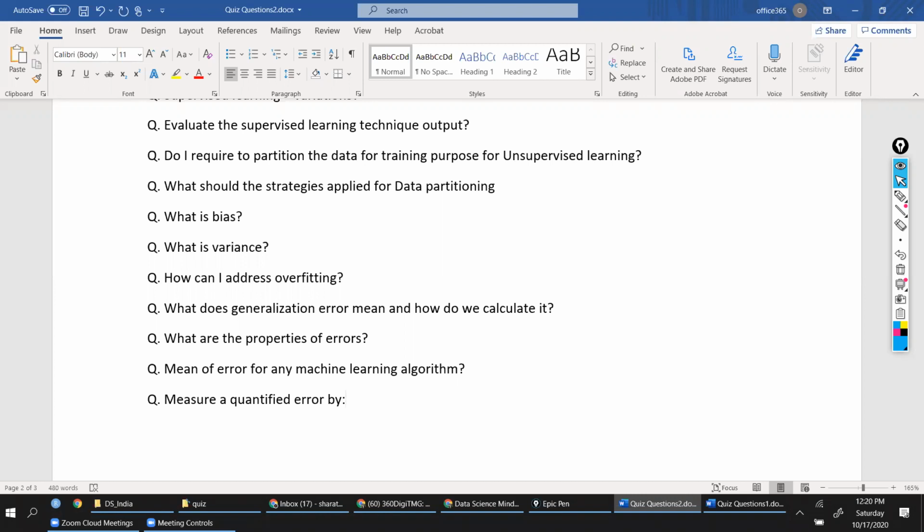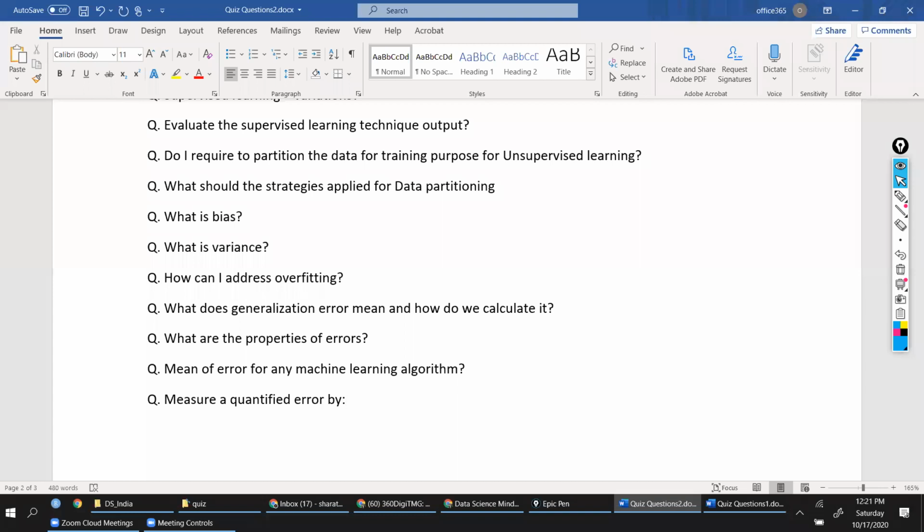We have MAD, mean absolute deviation. We have MSE, mean square error. RMSE, root mean square error. Right?